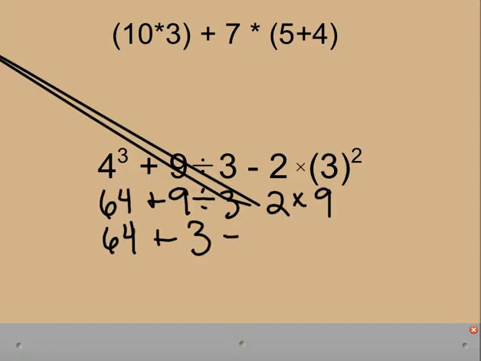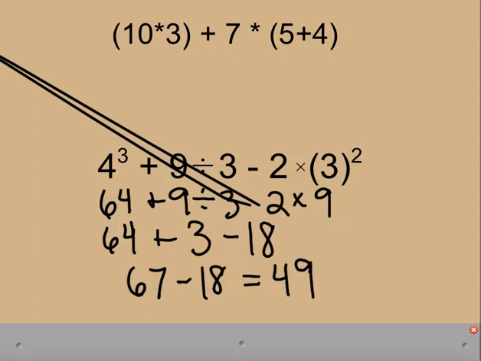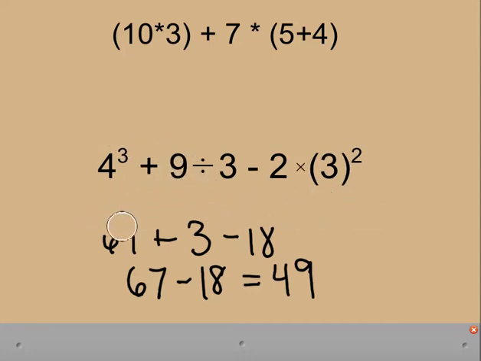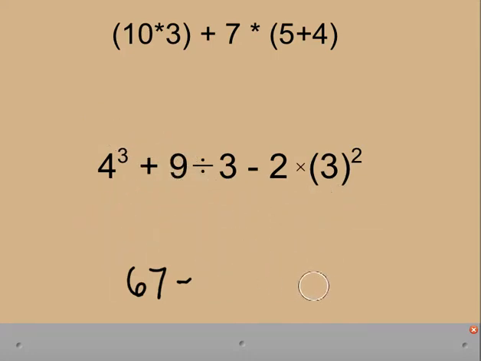And then we subtract 9 times 2, which is 18. All right, we can now do addition and subtraction, left to right. 64 plus 3 is 67 minus 18. We get a final answer of, I believe, 49. Okay, so whenever you get to those pairings of multiplication, division, addition, subtraction, just remember to go left to right and you'll be just fine.